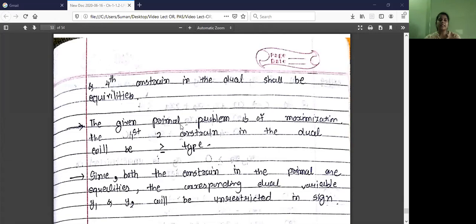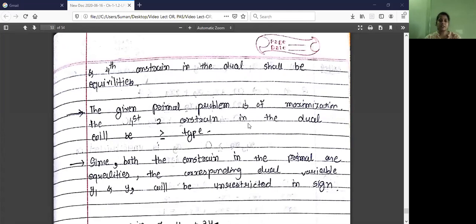Got it? The given primal problem is of maximization. The first two constraint equations in the dual we write as greater than or equal to type, because our objective function converts into minimization form.